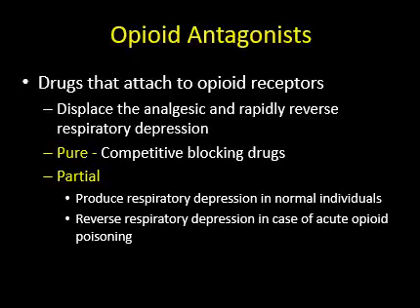In cases of acute opioid poisoning, however, partial antagonists, such as the drugs I just mentioned, can reverse respiratory depression. Okay, but really by far the best drug for reversing an opioid overdose is naloxone.